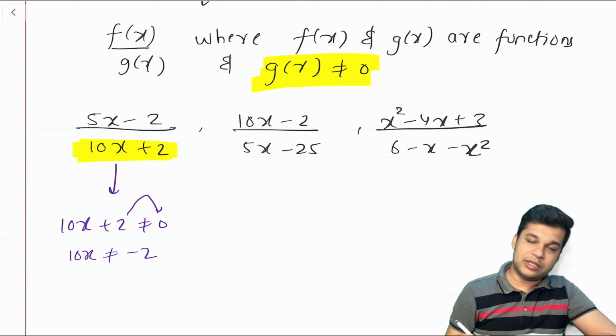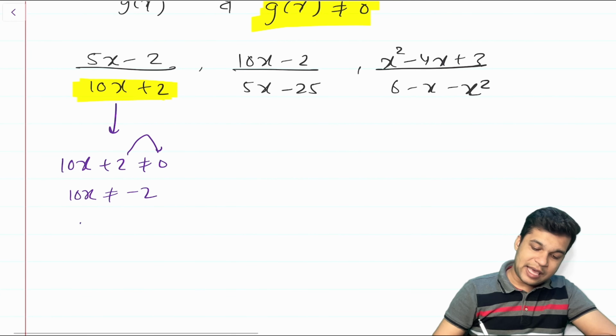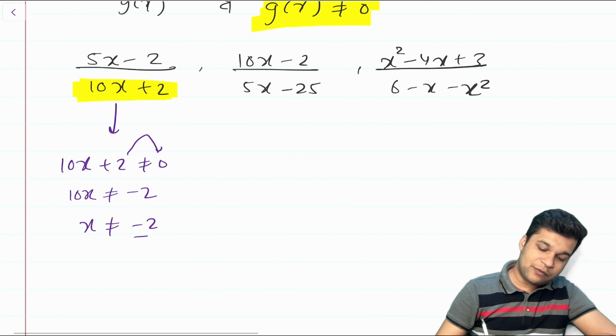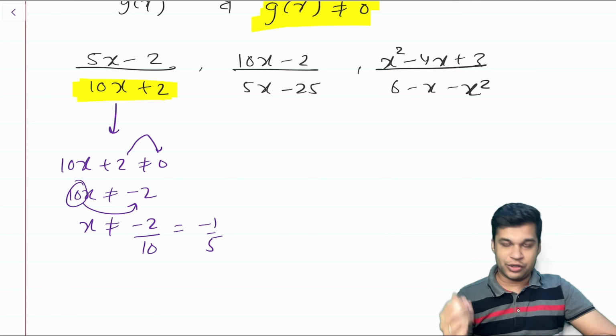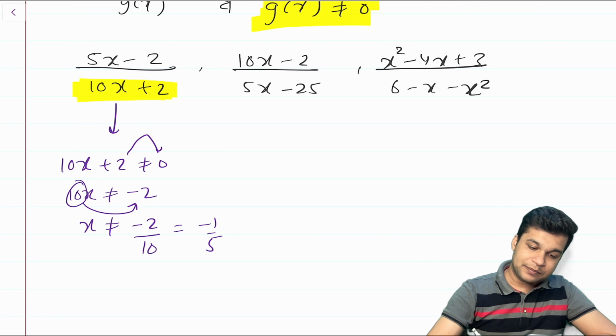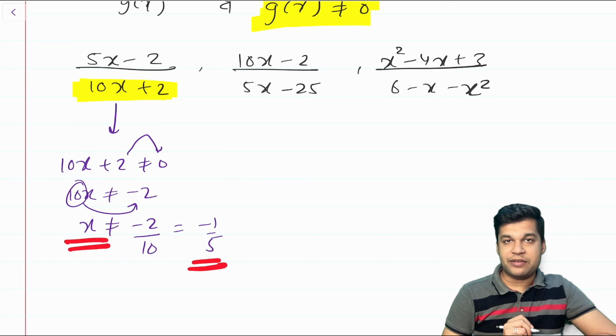I shifted 2 to the other side, which means x will never be equal to negative 2 by 10, which is negative 1 by 5. I shifted this 10 to this side and it came into division. Okay, I hope you understood. So basically x can never be equal to negative 1 by 5, right? This is what we are getting from the first example.